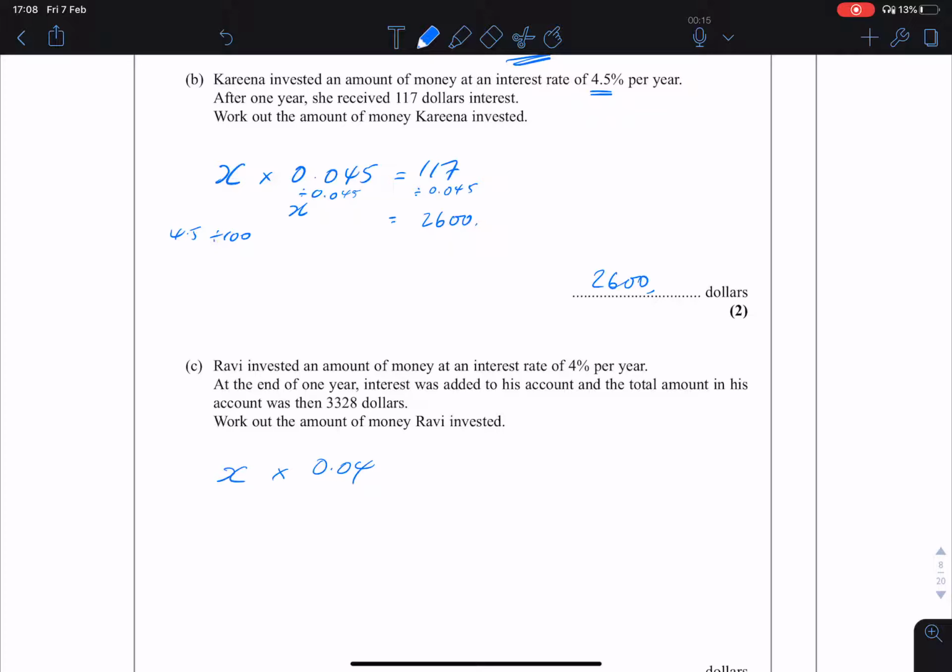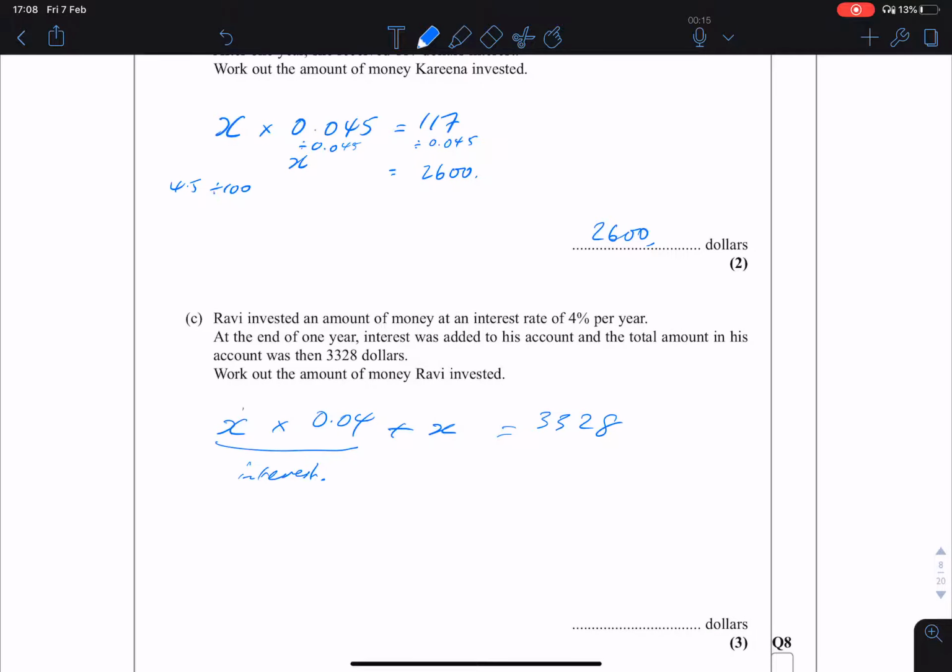That's going to give him the dollars, but it's added to his account. So this here is the interest plus X, which is the original amount that he had. Okay, and that equals 3328.